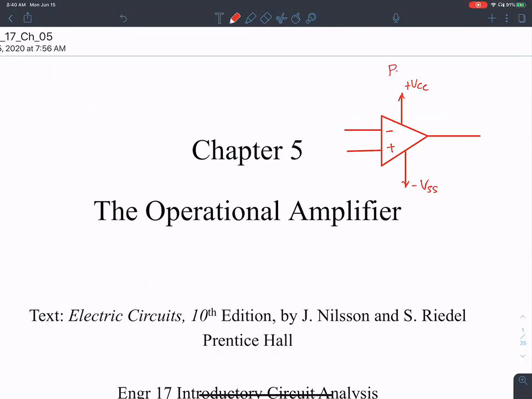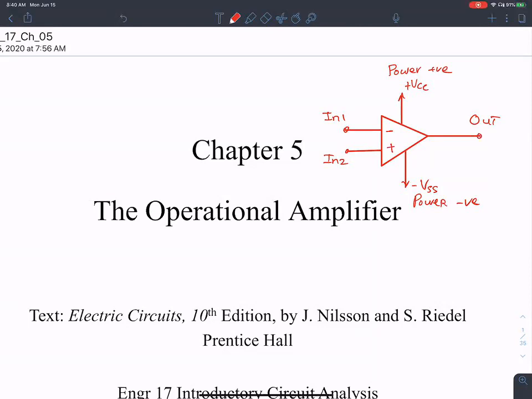So this is power supply, positive, and this is power supply, negative. Okay, this is input 1 and input 2. There are 2 inputs, there is 1 output. So this is a very, very interesting circuit.